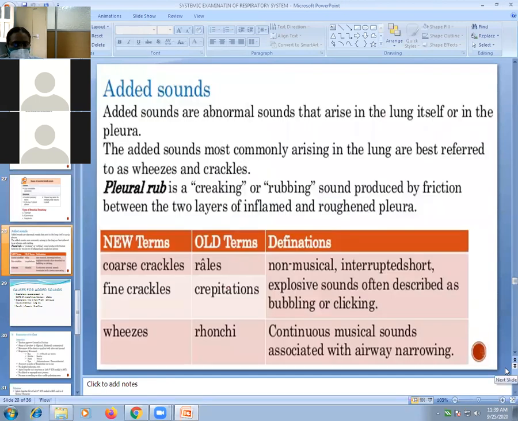Now, added sounds. So, we discussed breath sounds. Ask the patient to take deep breaths and auscultate the breath sounds, vesicular or bronchial, whether they are present equally on both sides or not, or whether there are any absent breath sounds. Breath sounds should be equal on both sides, and it should be vesicular type of breathing.